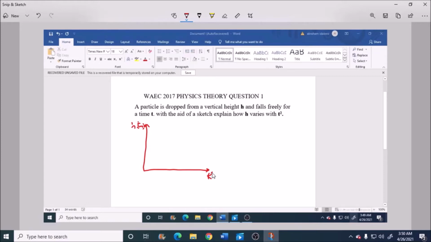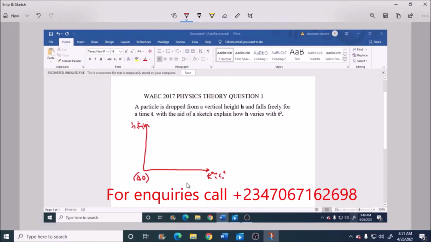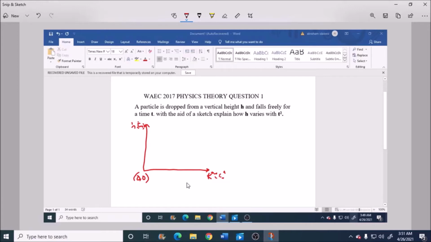So the sketch shows that the height decreases heavily with time.